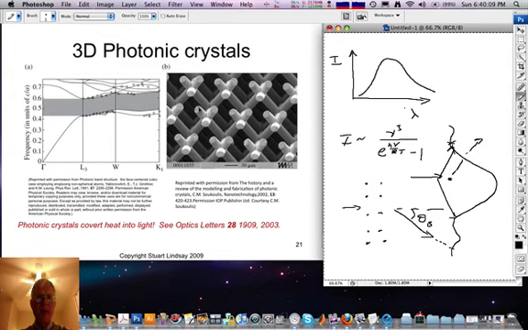An experiment is being carried out in which a structure like this has been made of refractory metal, heated up to a temperature that should result, according to the Planck radiation law, for radiation, let's say, in the red. And in fact, the photonic material radiates in the visible because of the squeezing of the density of states in what would have been the vacuum into a region with a photonic band gap.